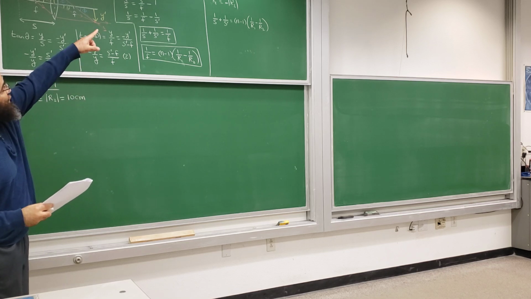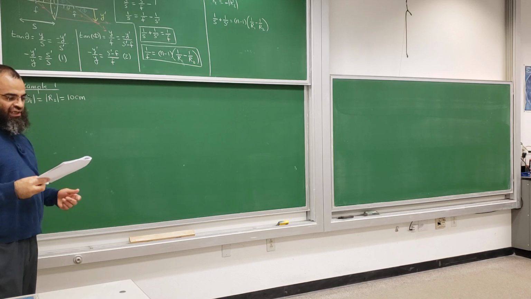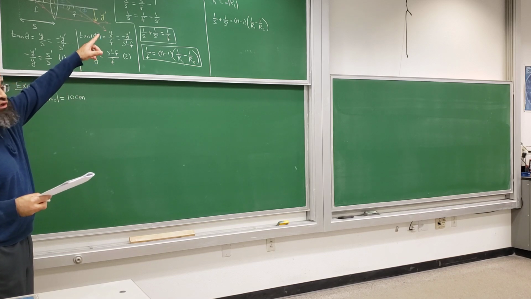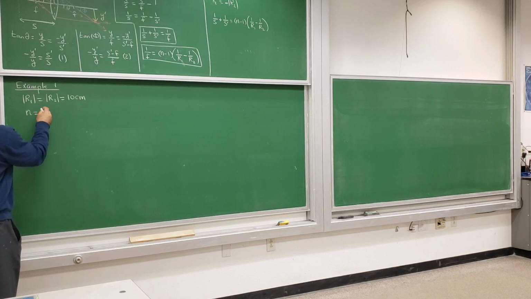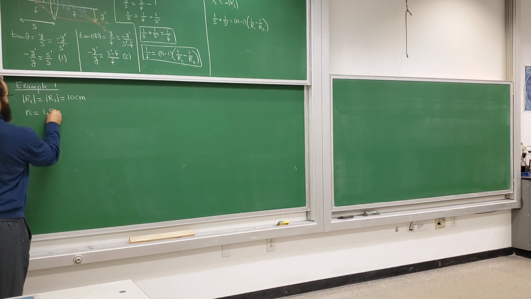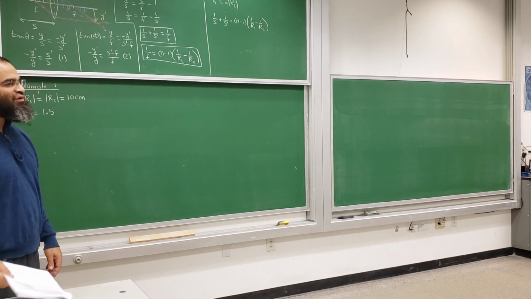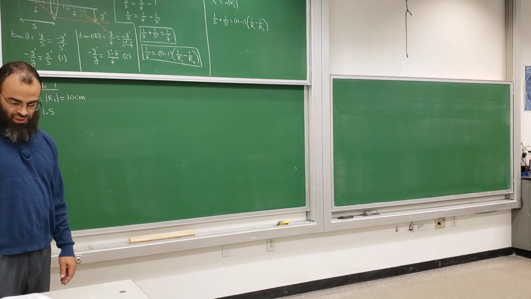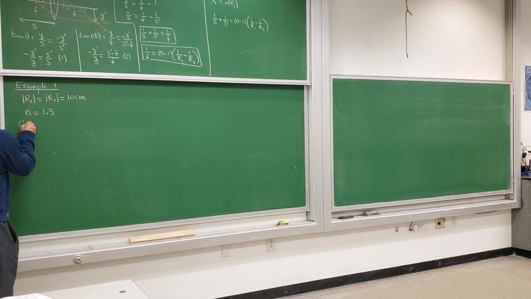R1 and R2, they're both 10 centimeters. And let's say the material we're using has an index of refraction of glass, let's say, which is 1.5. The book says 1.52, but for simplicity, I'm just going to use 1.5, all right? And the question is, what's f? Find f. Calculate.